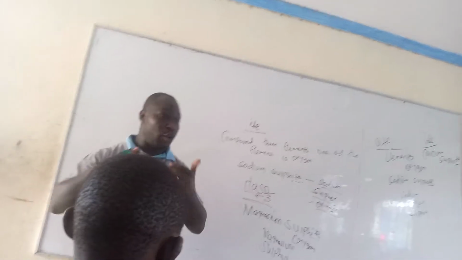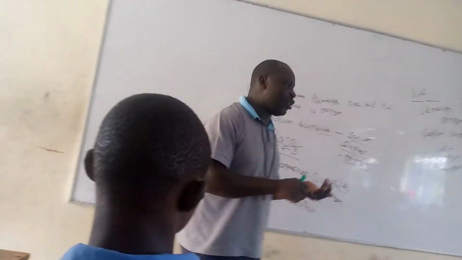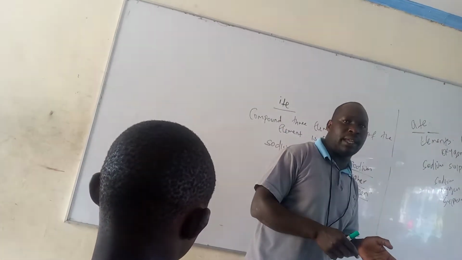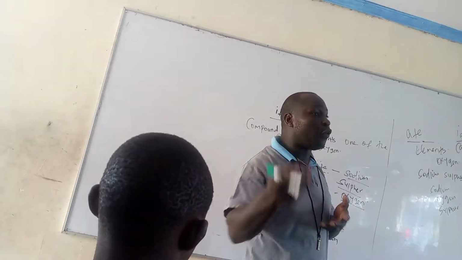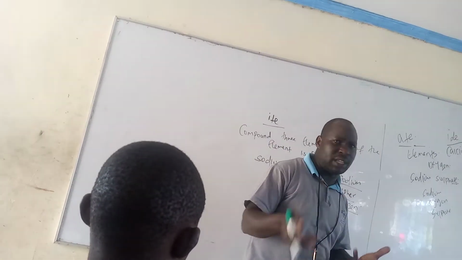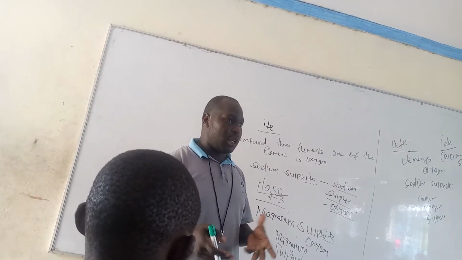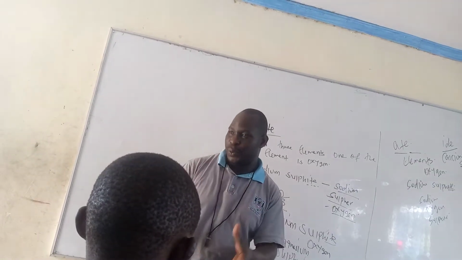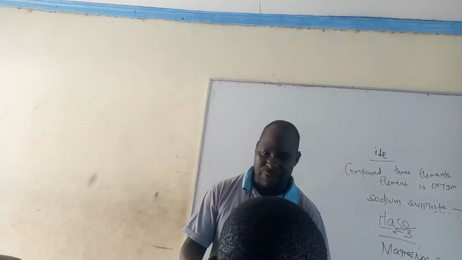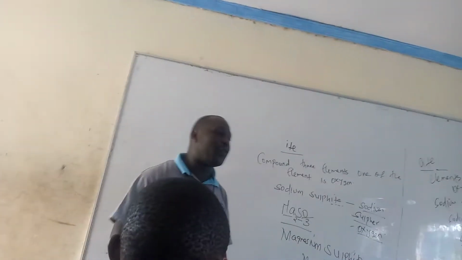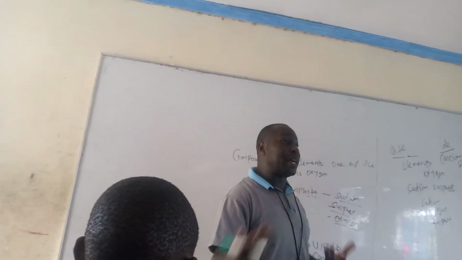That's why when you're looking for someone, we normally use the surname, or the family name, or the middle name. If I'm looking for you, and I know you are called Brighton, I cannot just say I'm looking for Brighton, because how many Brightons do we have?